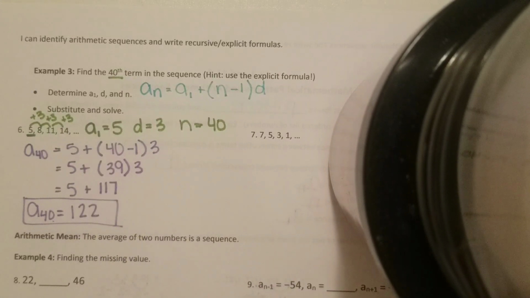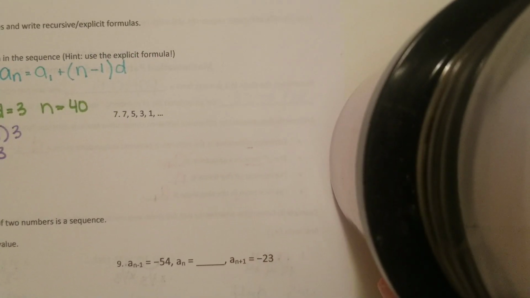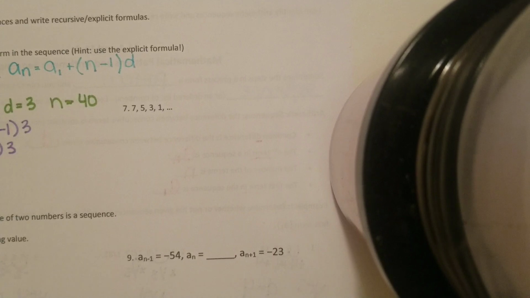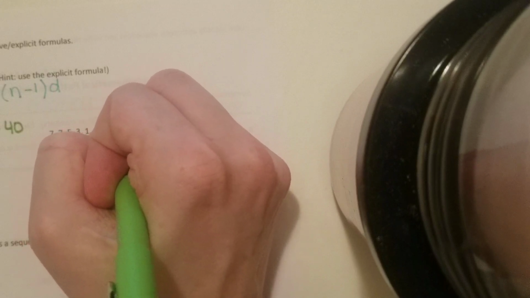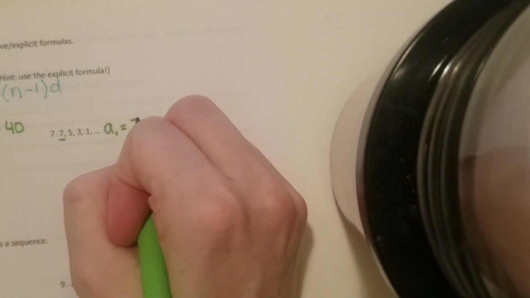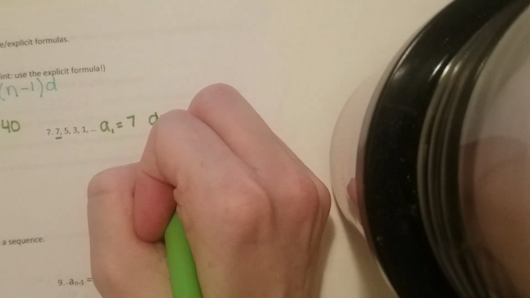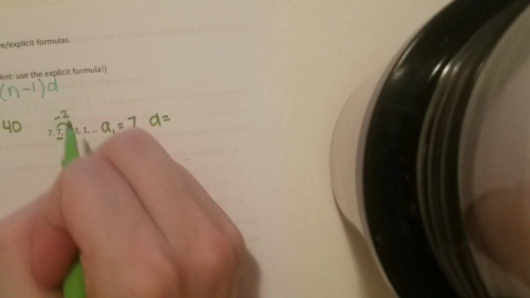So we're going to do this one more time for number 7. We still have to find our three pieces to begin with. Our a sub 1 is our first term, which is 7. We have to find our difference. So to go from 7 to 5, subtract 2.